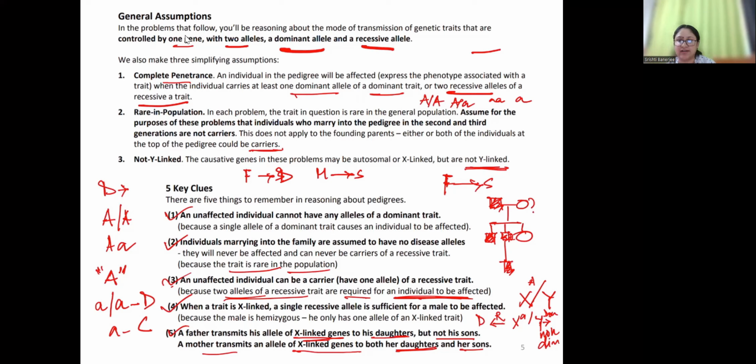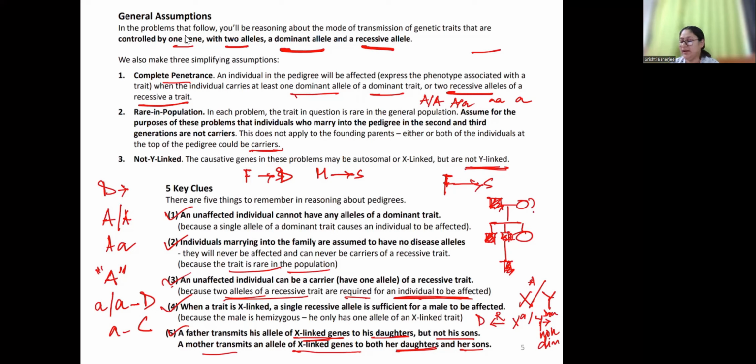If the mother is a carrier and the father is also affected, the daughter has a high probability of getting the disease, because both are X-linked. But the son will definitely get the disease in this case.